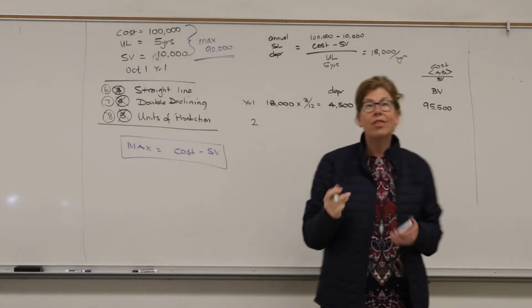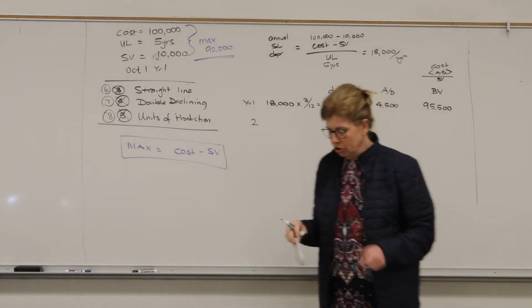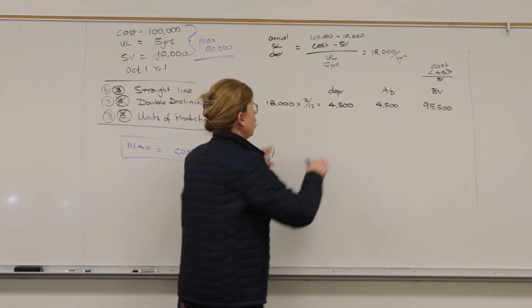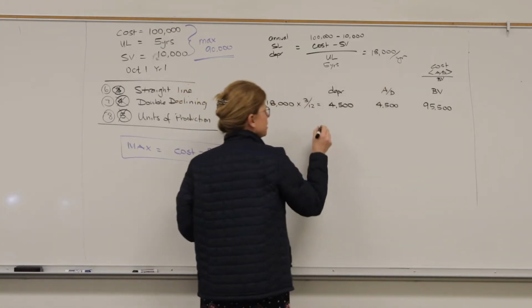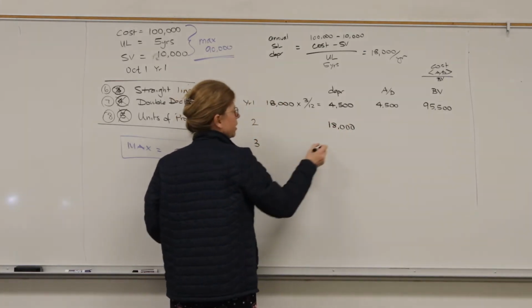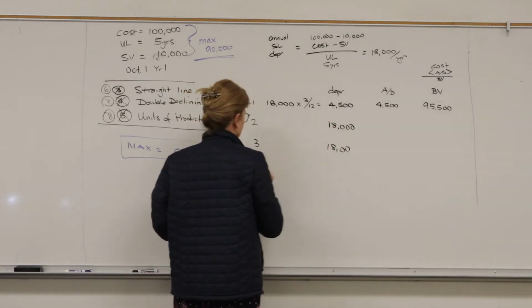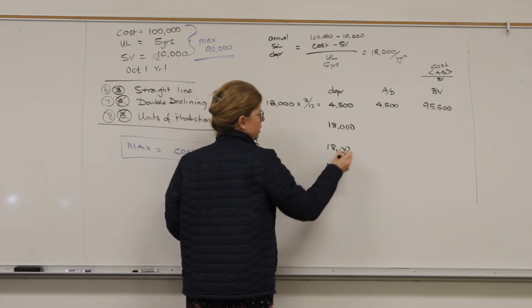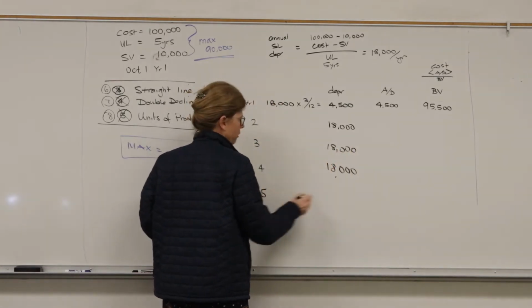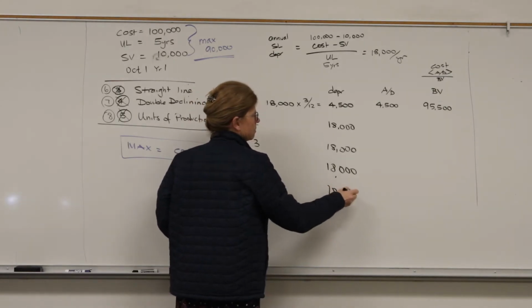Year two, for this example, it's January 1st, year two to December 31st, year two, whole year. I know what a whole year's depreciation is, $18,000. And in year three, I also held it a whole year. And in year four, a whole year. In year 5, $18,000.